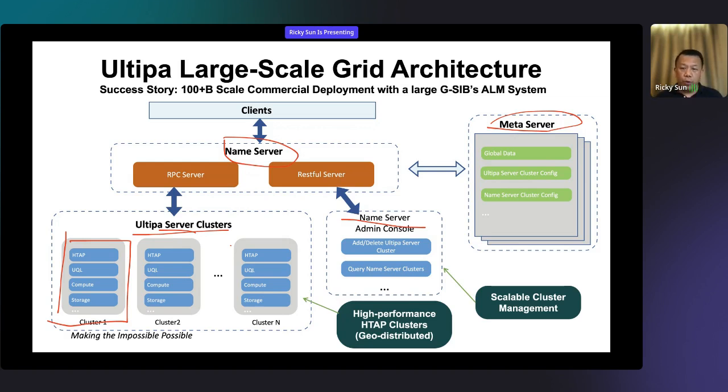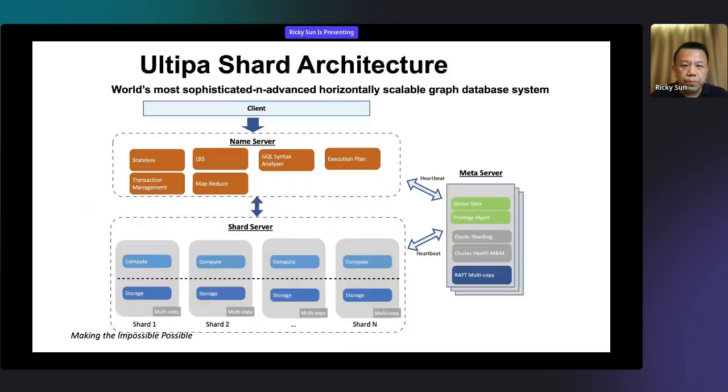Essentially, there are 2 points. One is the high performance HTAP clusters, which can be geo-distributed, right? And also how the scalable cluster can still be managed effectively using the name server and the meta server. So this is the shard architecture, right?